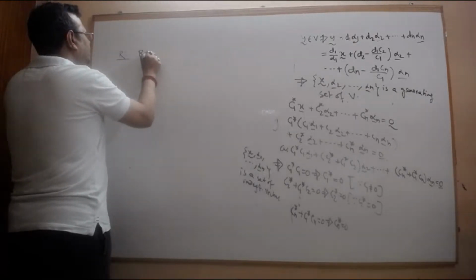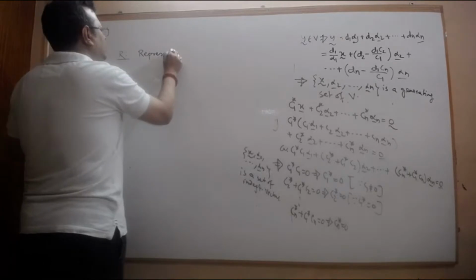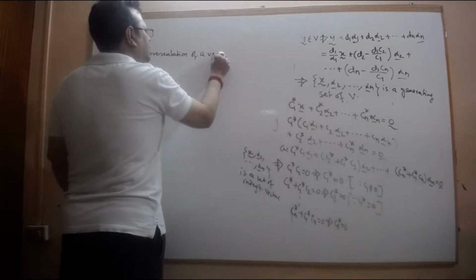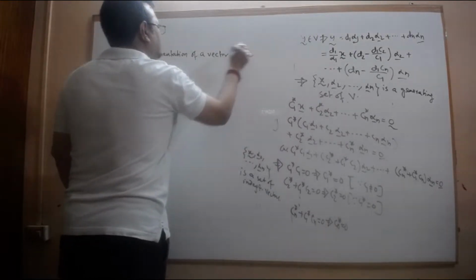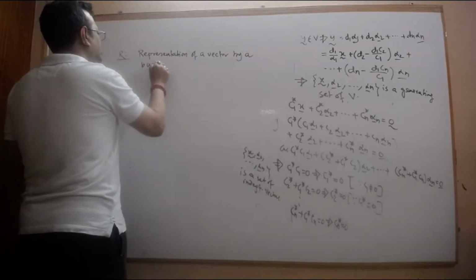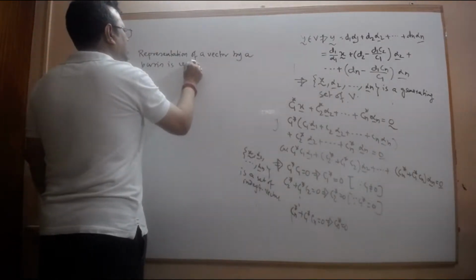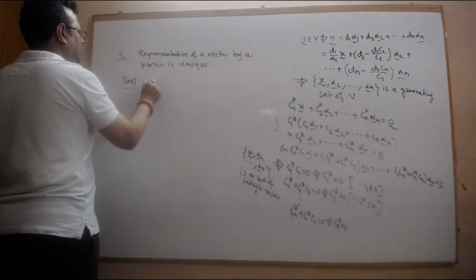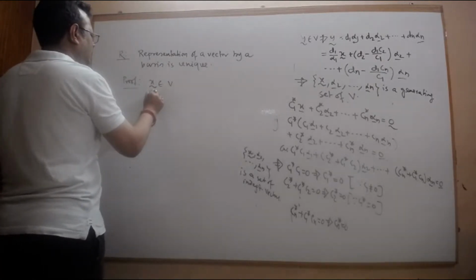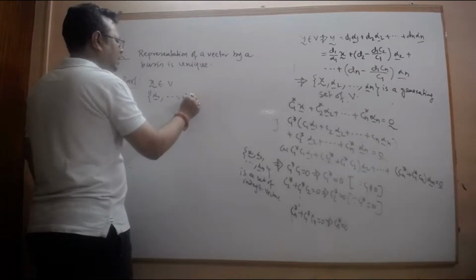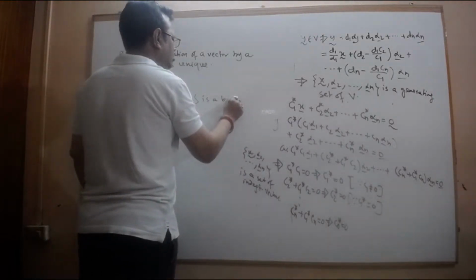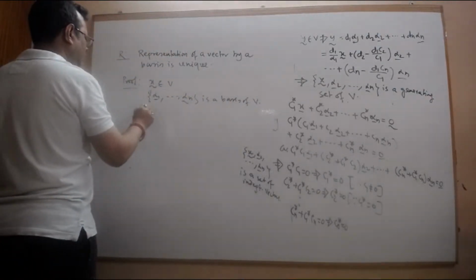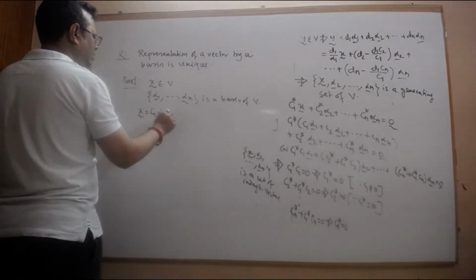So the next result is: representation of a vector by a basis is unique. Suppose x belongs to V and alpha 1 to alpha n is a basis of V, then x can be written in two ways.